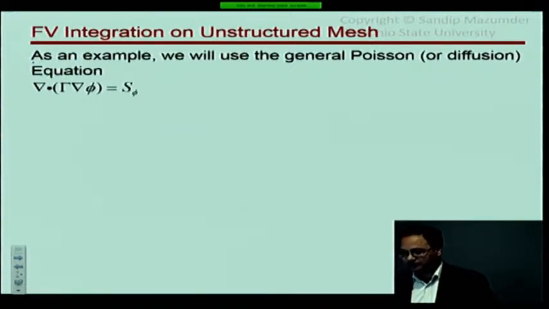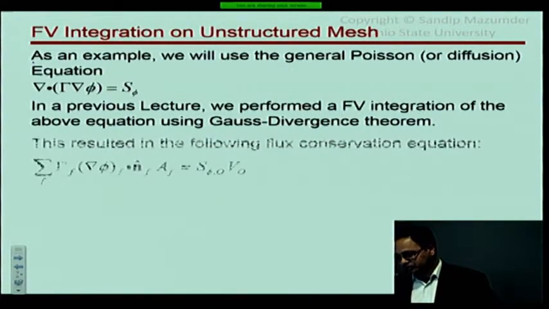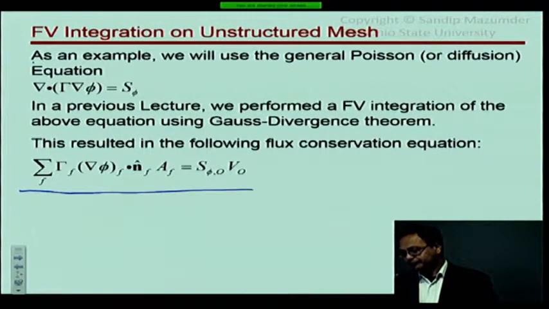As I showed you maybe 3 lectures ago when I first introduced you to the finite volume equation, once you apply the divergence theorem, this is what you end up getting. You start with an integration of this on both sides.